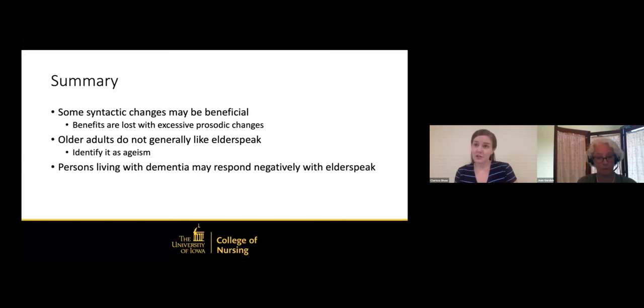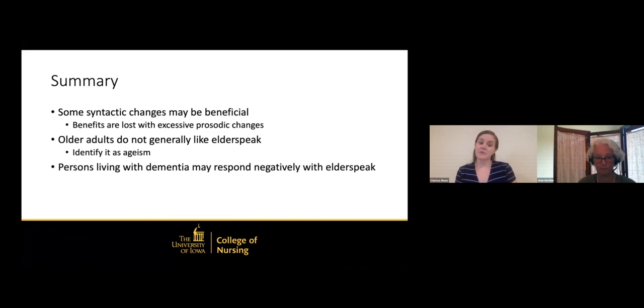However, that's not universal. If you know a resident who seems to really like it, they may really like it. But we tend to think that nurses drop into elderspeak as a form of subconscious ageism because they're reading those old age cues. They're trying to figure out how to balance care and control, and this is how their communication becomes elicited.